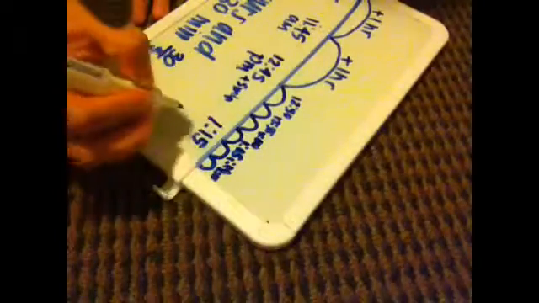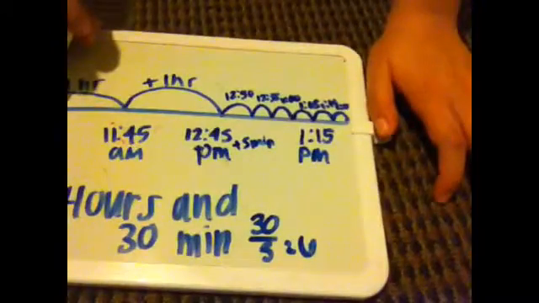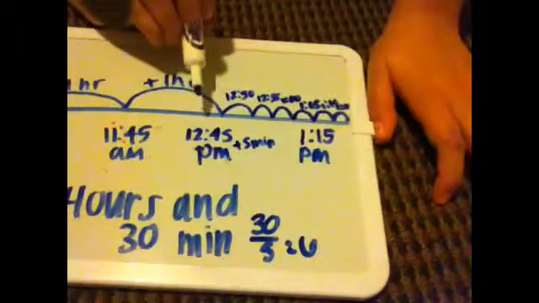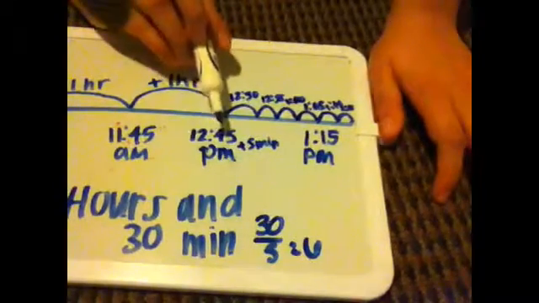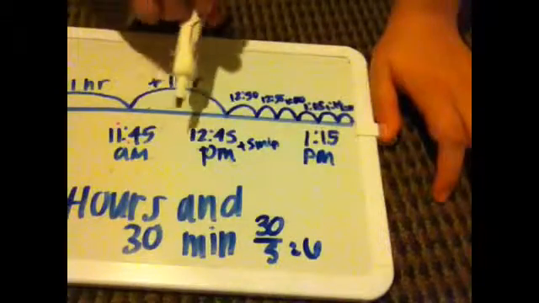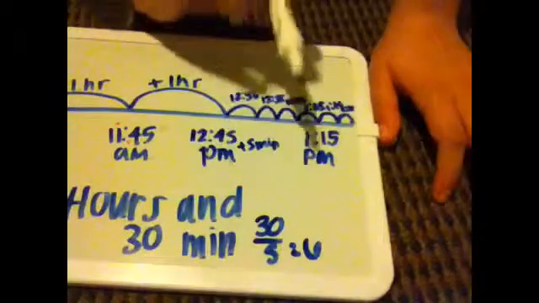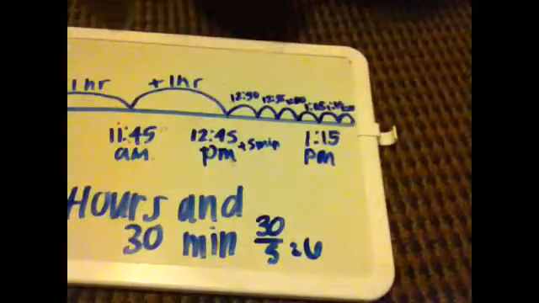We have our 6 jumps, and we ended up at 1:15 p.m. And since we started at 10:45 a.m. and when we got to our 12:45, this changed to p.m. because now we're changing from a.m. to p.m. because the next 12 in a.m. goes to p.m. So now this would be 1:15 p.m.